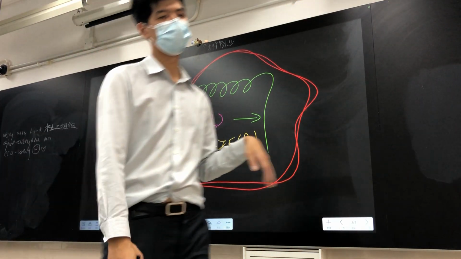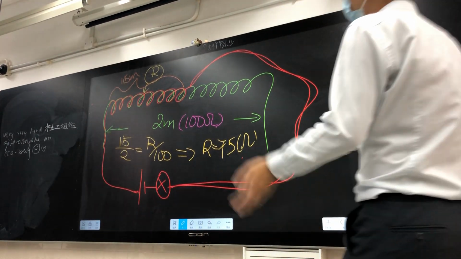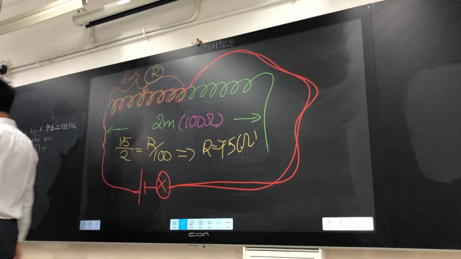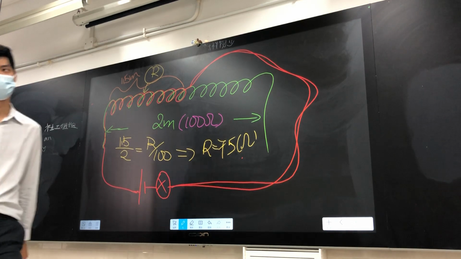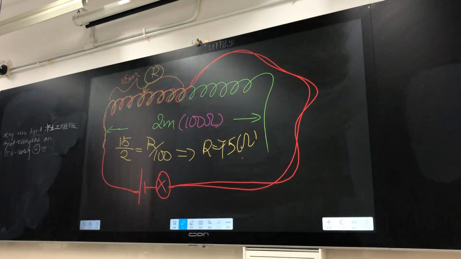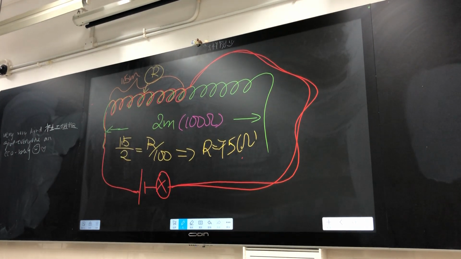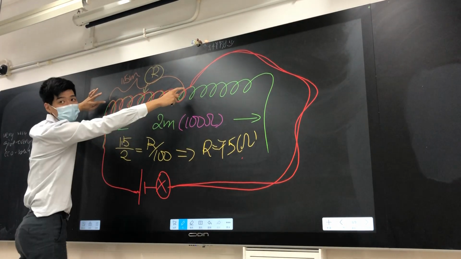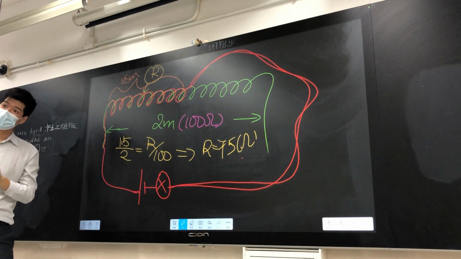So the longer the wire that is passed through, the higher the resistance.